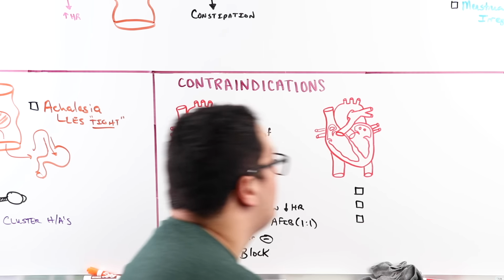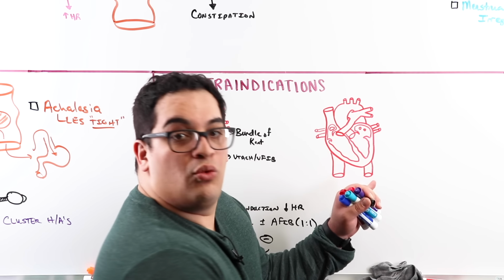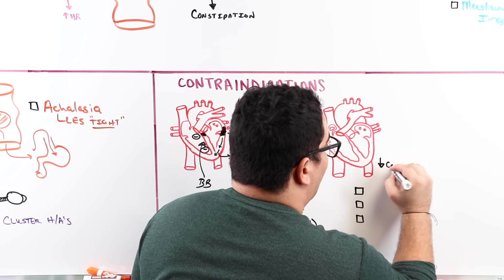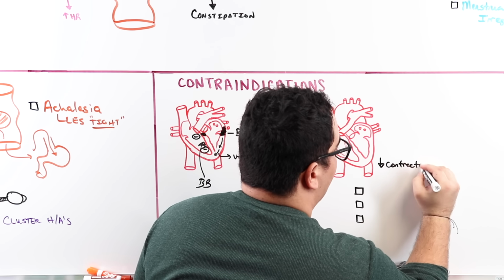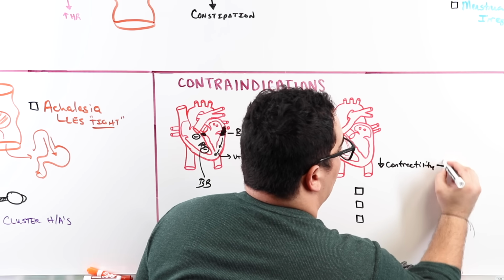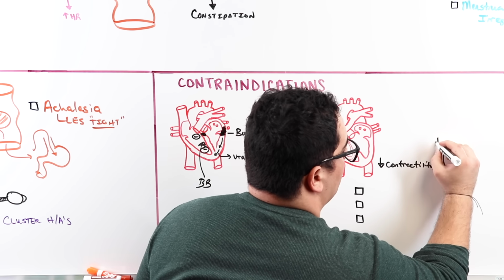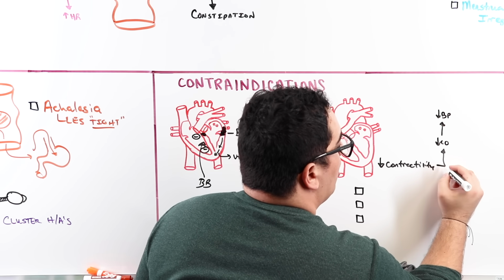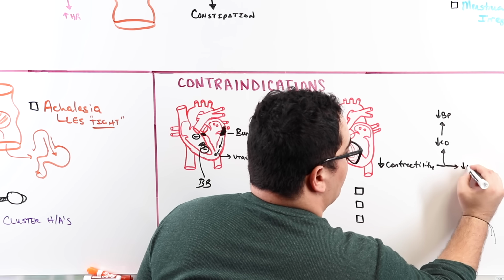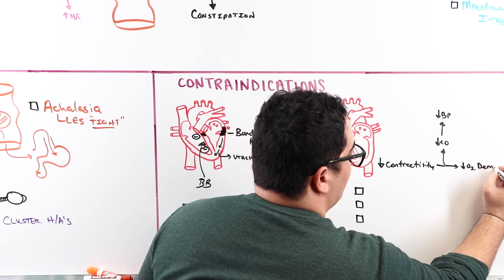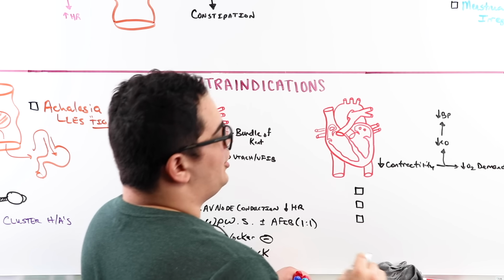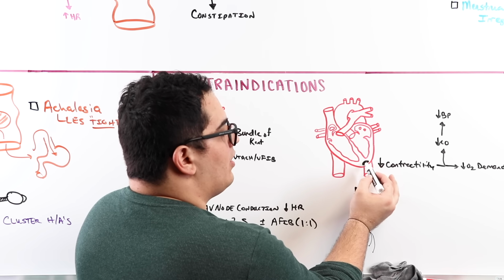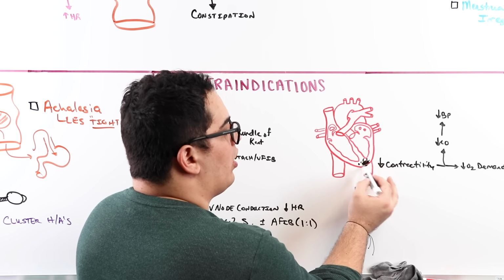Last thing here. It also can reduce contractility of the heart, right? So if you reduce contractility, what do we say that does? Remember we said that it can cause two things. Drop your cardiac output and drop your blood pressure, but it also decreases oxygen demand. Well, here's the situation where you have to be careful. What if somebody already has a weak, damaged heart?